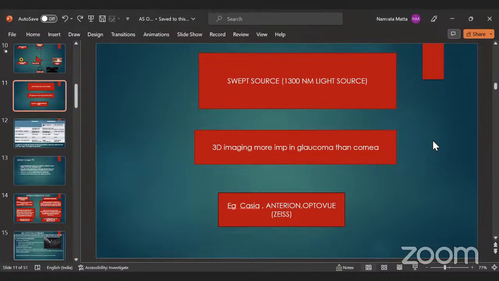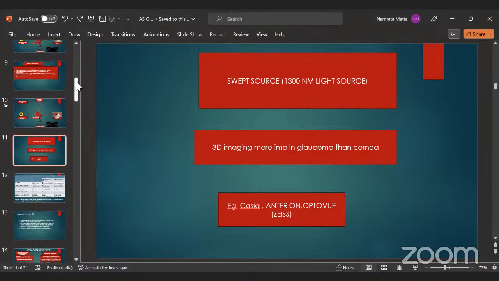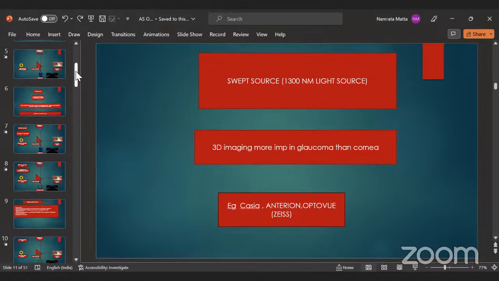Okay, so for the devices particularly used for anterior segment OCT, what is the wavelength that is used? 800 to 840 nanometers. That's the wavelength used in retina OCTs. The OptoView, Optopol, and other OCTs or Topcon that we have use this 800 to 850 nanometer light source.